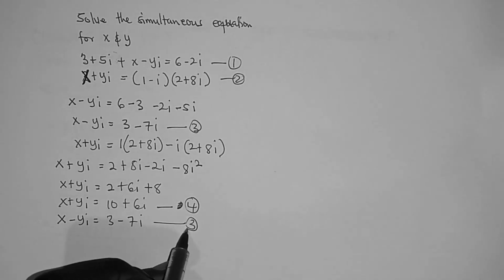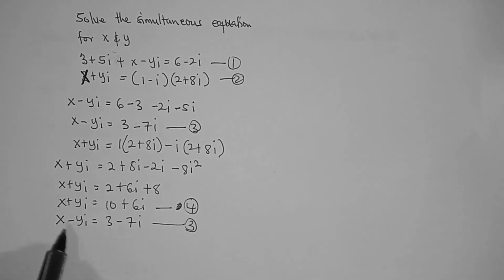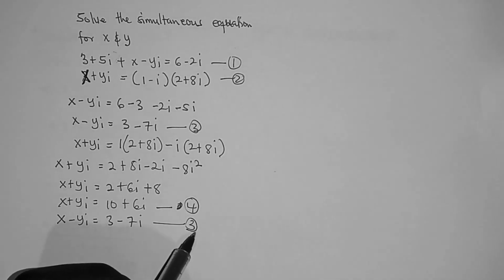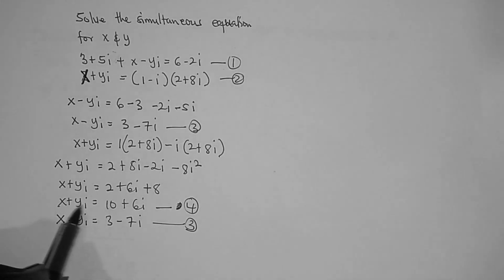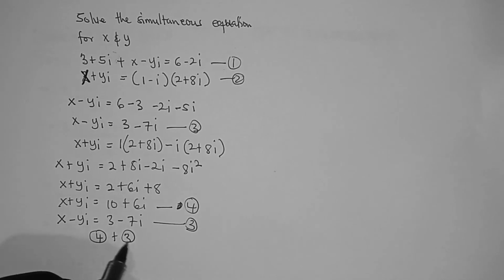So this was equation 3. We are looking for x and y. So what we need to do is, you see that here is plus and here is minus. So if we add equation 4 and equation 3, the yi will go away. So let's add equation 4 and then equation 3.